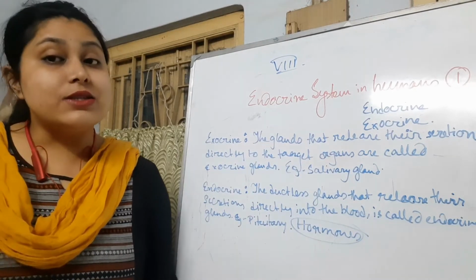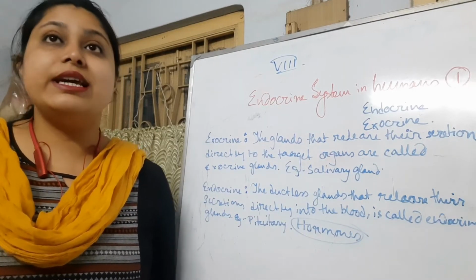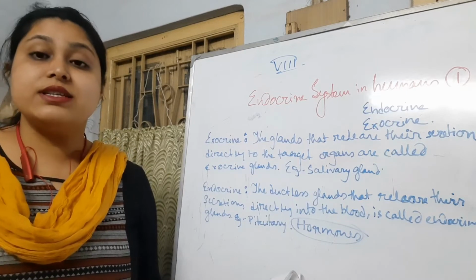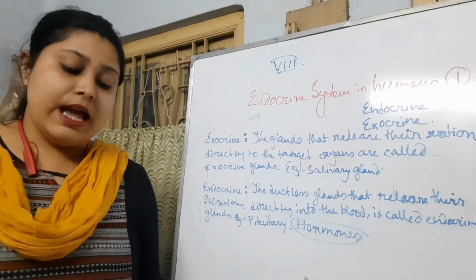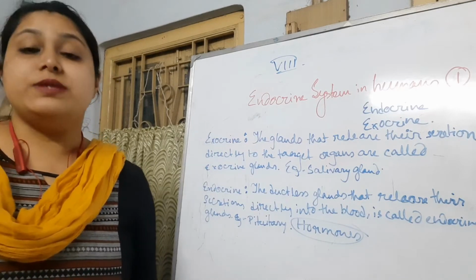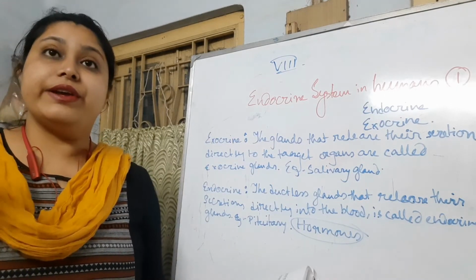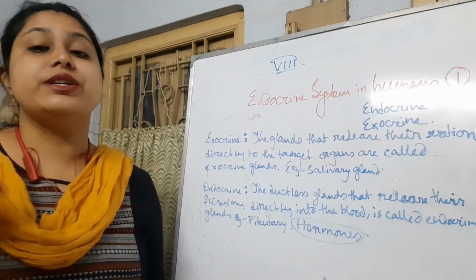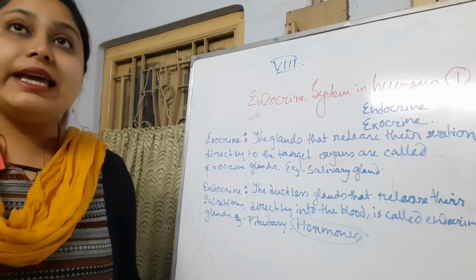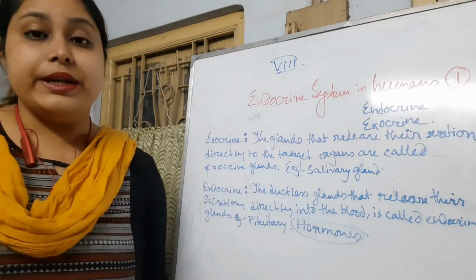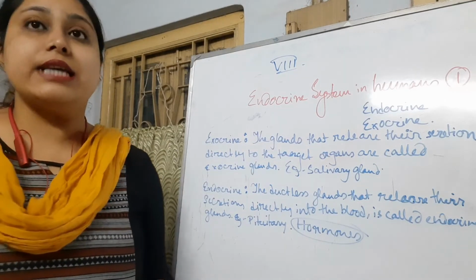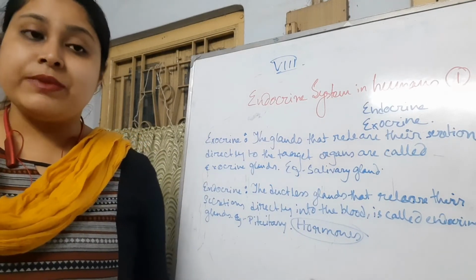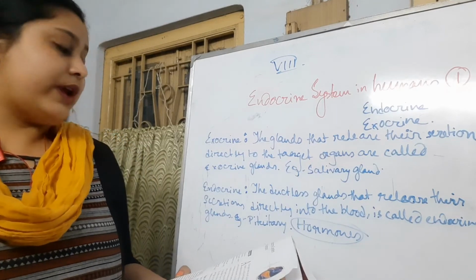The exocrine glands usually form the digestive juices. These glands have ducts, special tubes by which they carry their secretion to their target space. Like if we consume carbohydrate, the carbohydrate-digesting enzymes are produced by the exocrine glands.